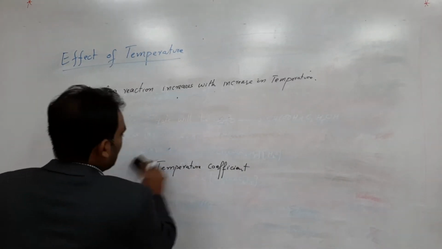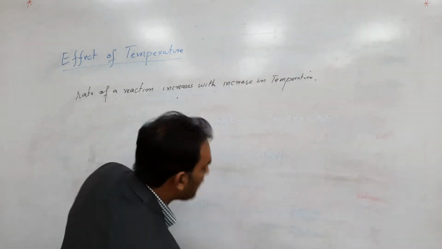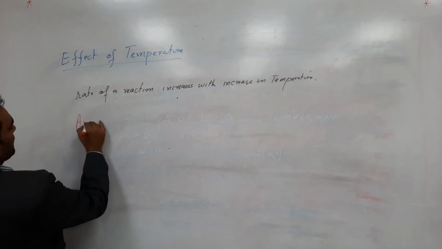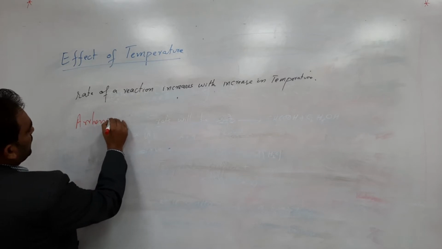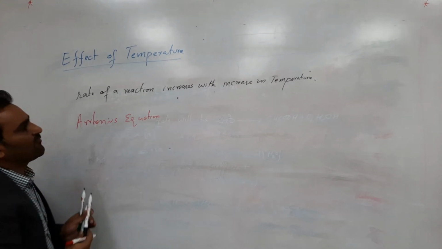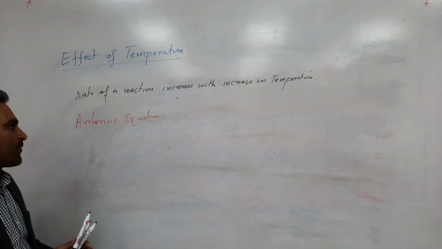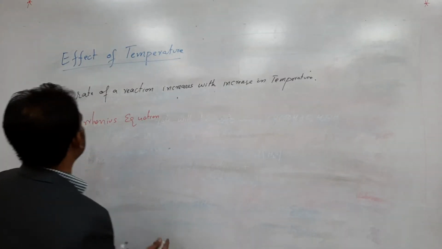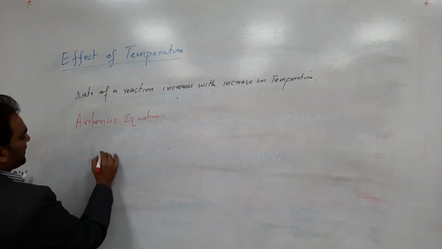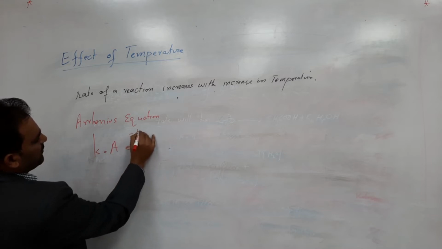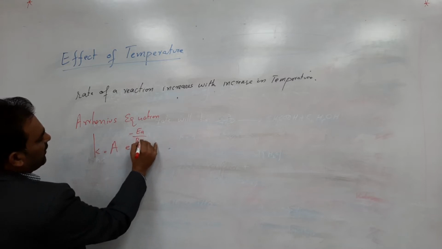For this particular concept, our Arrhenius equation is used to study the effect of temperature. To study the effect of temperature, we have rate constant is equal to A e raised to power minus E A over RT.